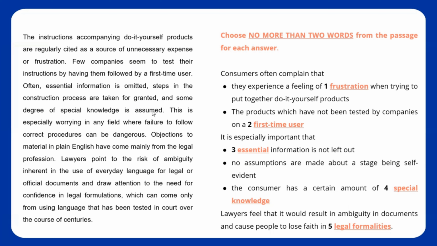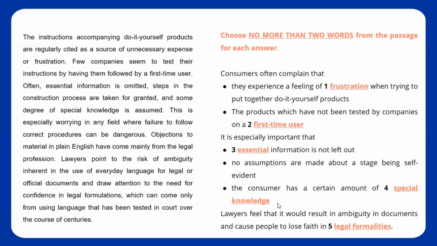Now, assumption has not been used in the passage, but another form of the word which is assumed is used. And self-evident, the word which is synonymous to it, is taken for granted. So the answer in this case is special knowledge. So that's your answer number 4.